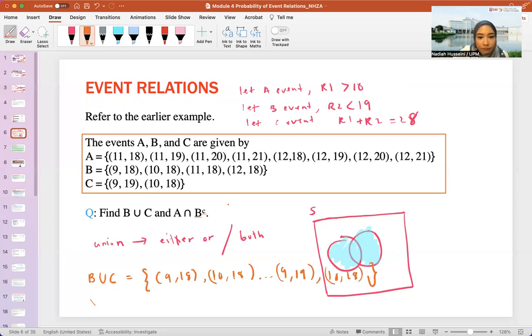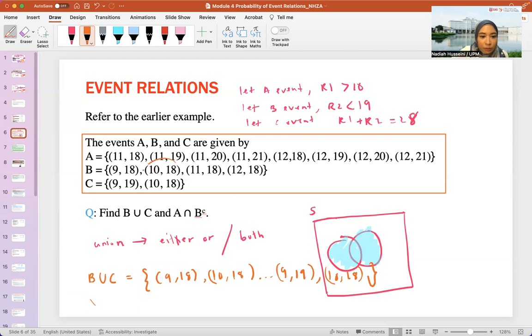I have a question. As we can see in B, we got 10, 18, and in C, we also got 10, 18. So should we write both or just one? Just one. That's a good question. Thank you for the question.